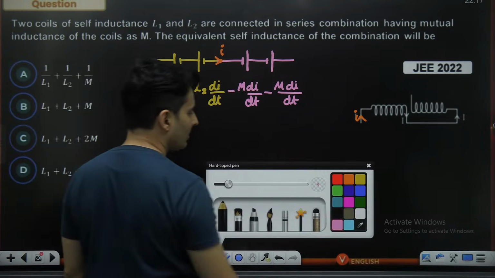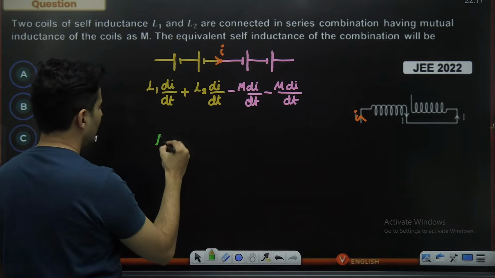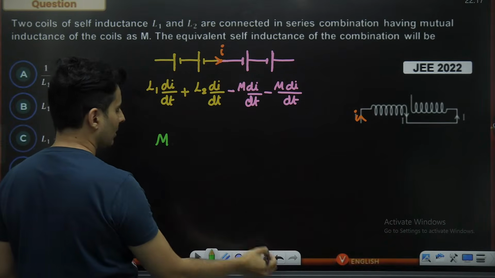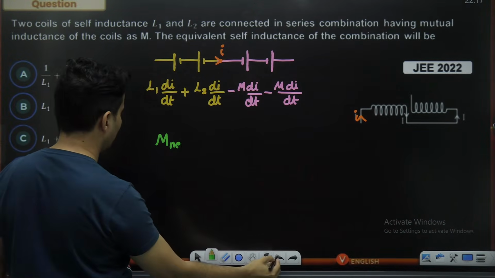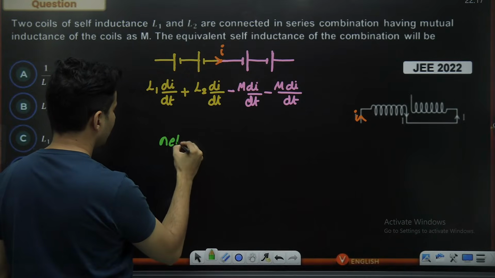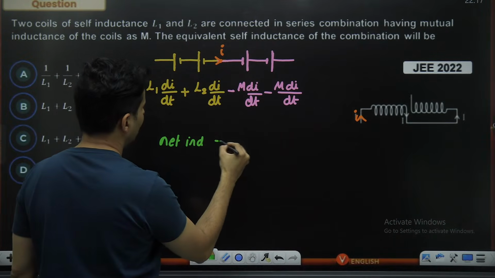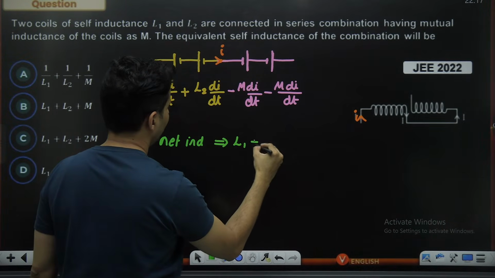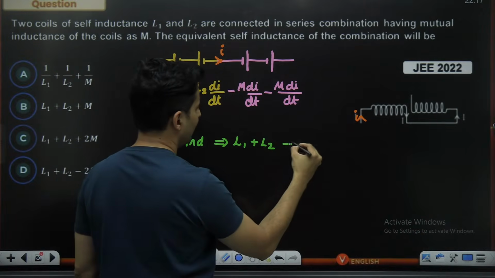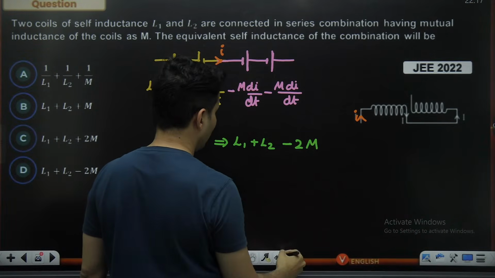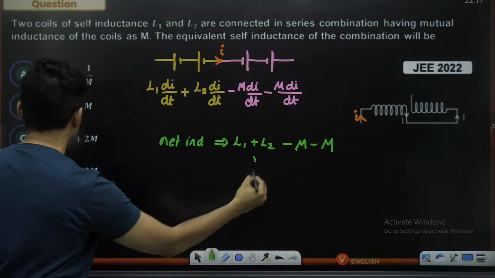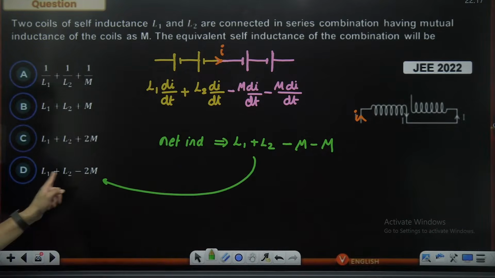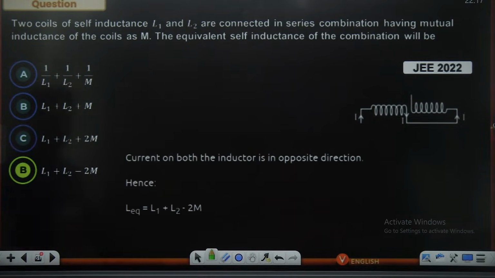So the net inductance will be L1 plus L2 minus 2 times M, or minus M minus M, which will give me this as the answer, L1 plus L2 minus 2M.